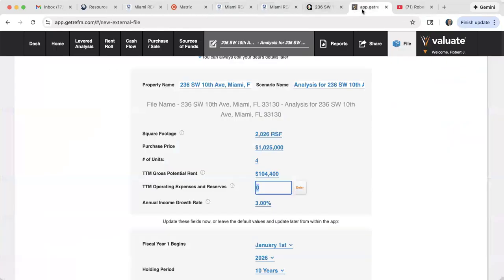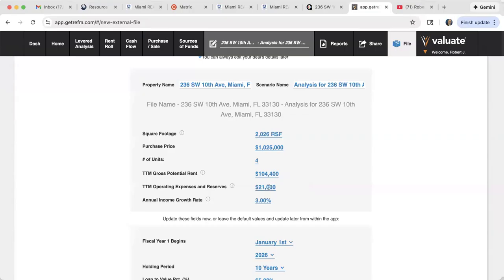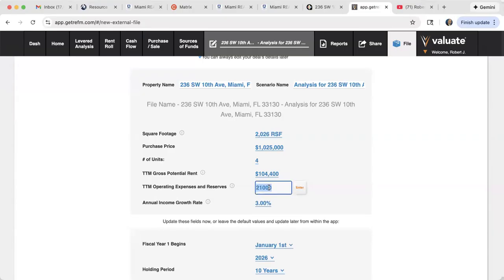So let's go ahead and plug in 13,000. Let's say insurance on something like this was $8,000. So 13,000 and 8,000, we're at $21,000. They say that water is included with the rent. So let's say this is a fourplex and we go $50 per unit. So $200 a month.